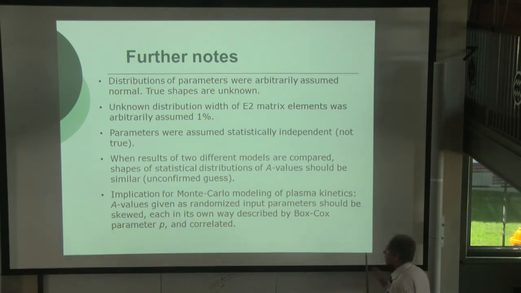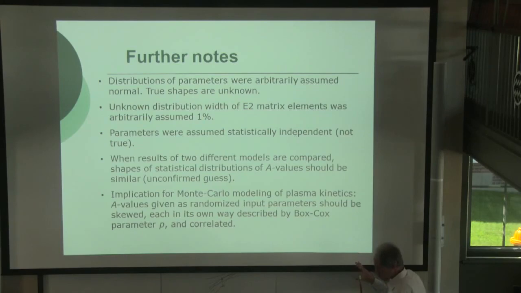There is one implication for plasma modeling. If you use the A values themselves as input, not generate them like Connor did in his modeling within the same model, but from external sources, and you try to vary them randomly to investigate the propagation of error, the distributions should not be symmetric.